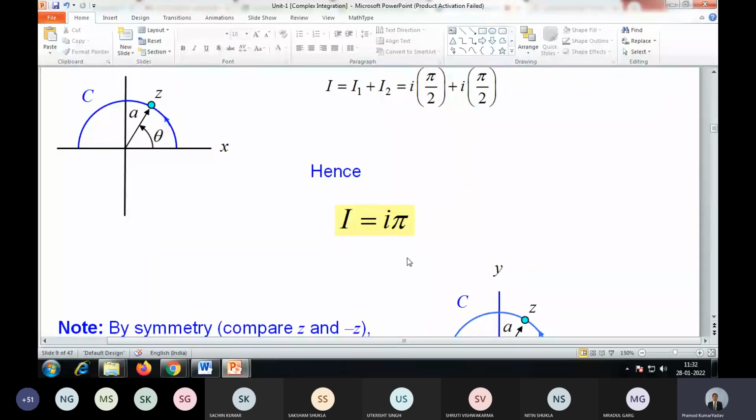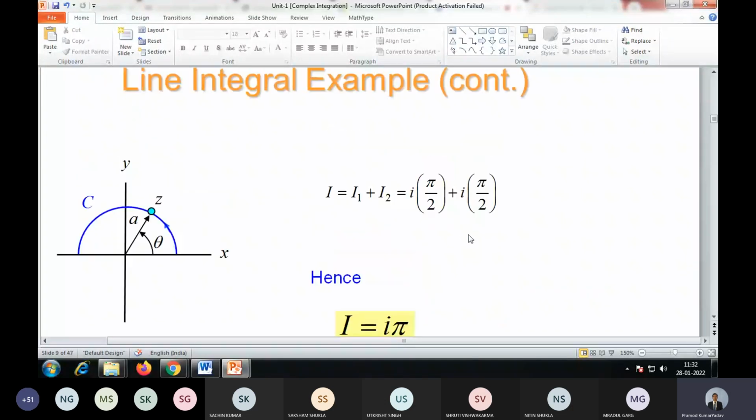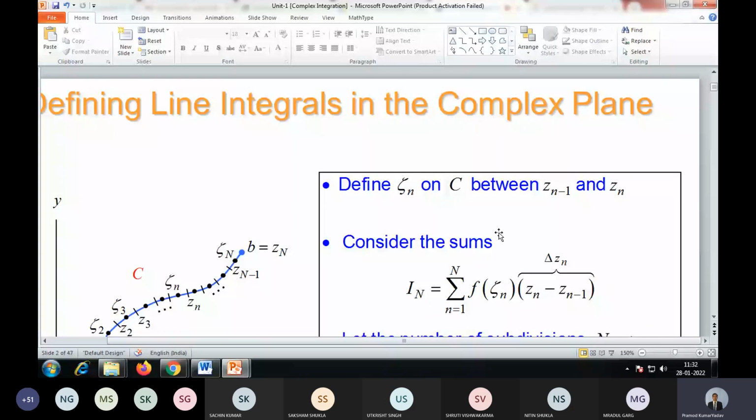Now another concept. We have been using the parametric equation as in the Cartesian coordinate system. But at the same time, you may use the parametric equation directly.